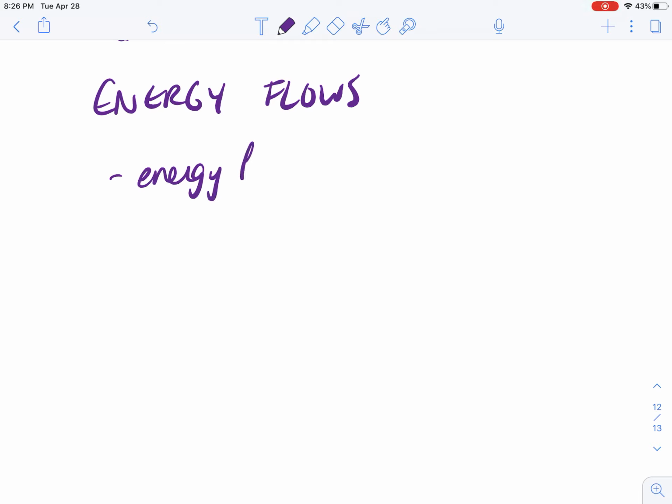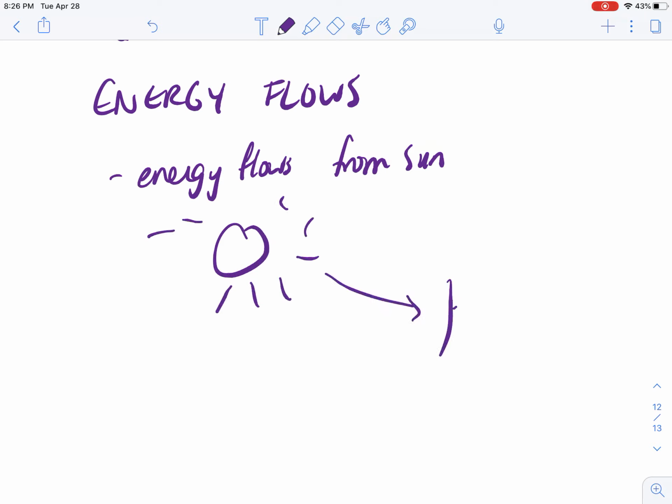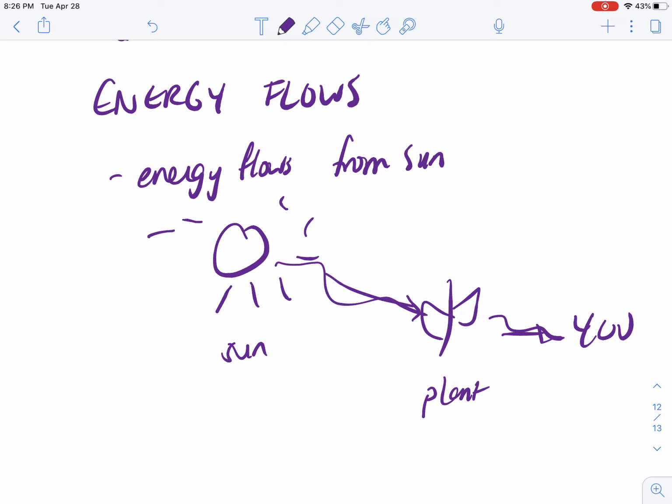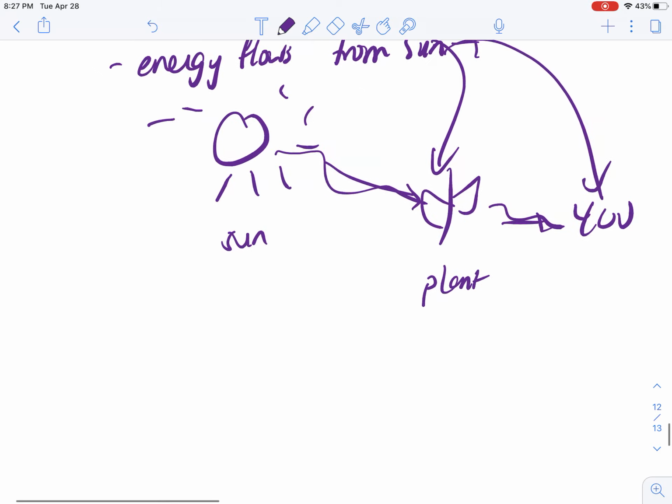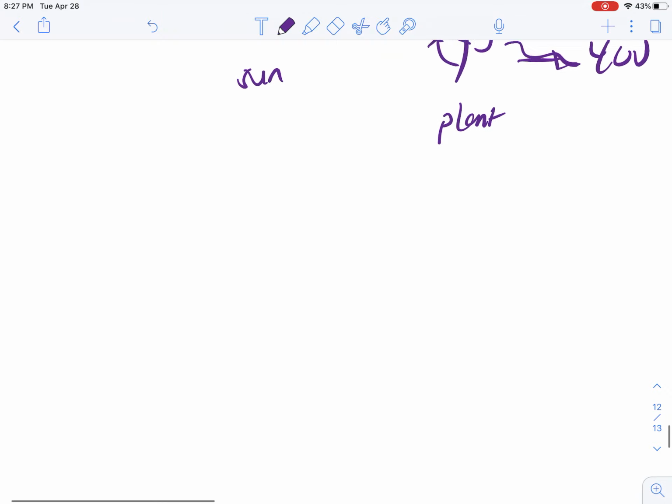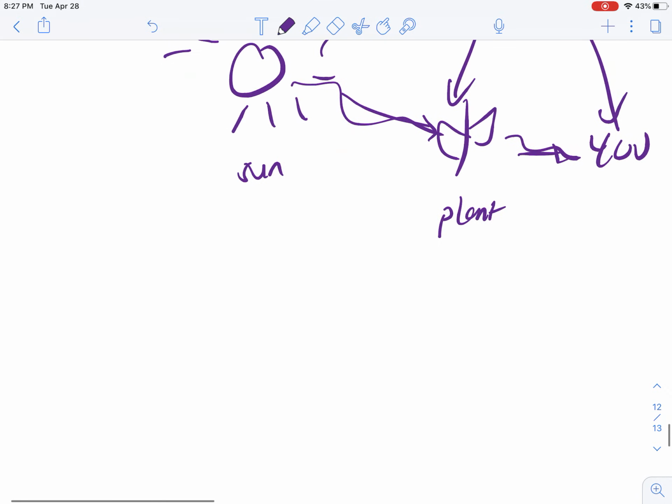In this case, energy flows from the sun to the plant to you. So energy is flowing from one organism to another. That has to do with the laws of thermodynamics.